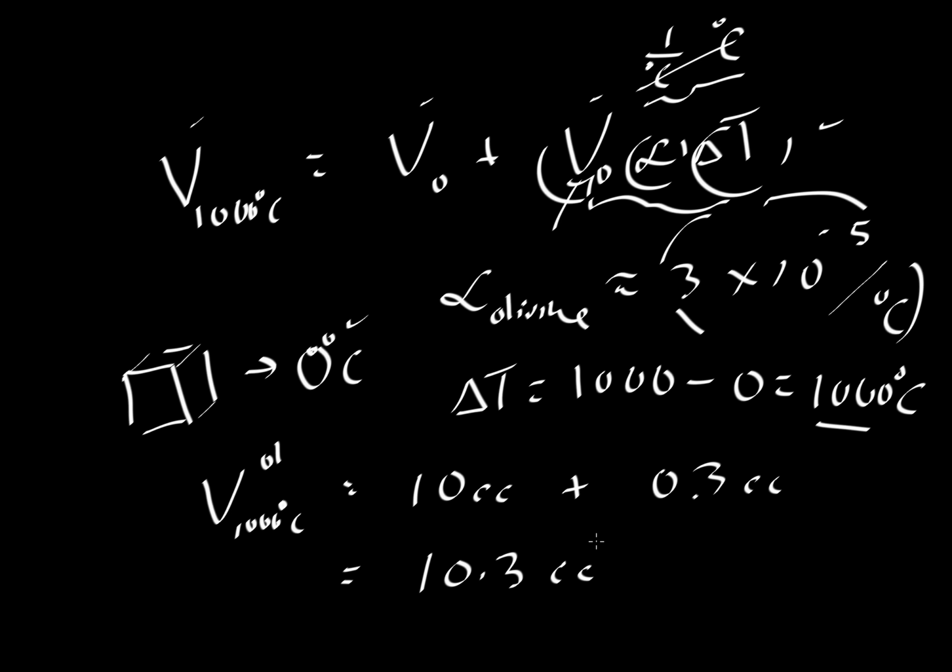But this is the way we would calculate this kind of volume expansion in a very simple way using Charles' law. So just to put it in very general terms, we can have a volume at any temperature as a function of the initial volume and then a correction factor.